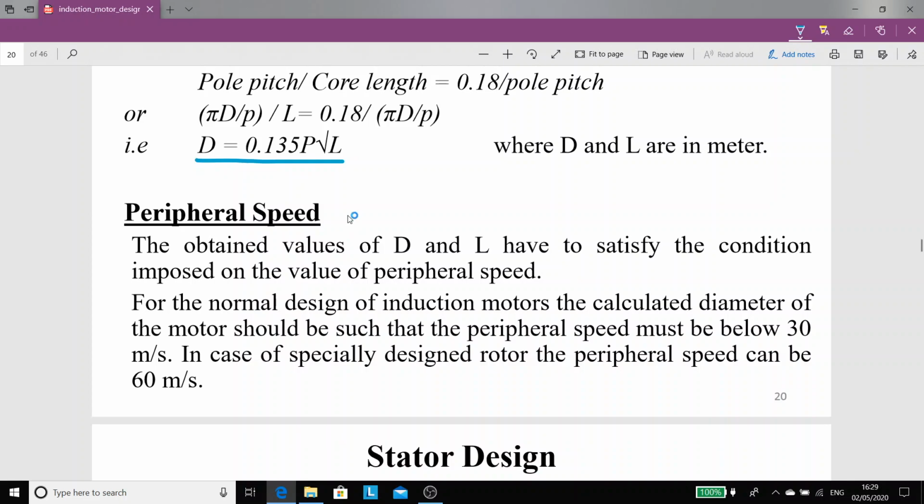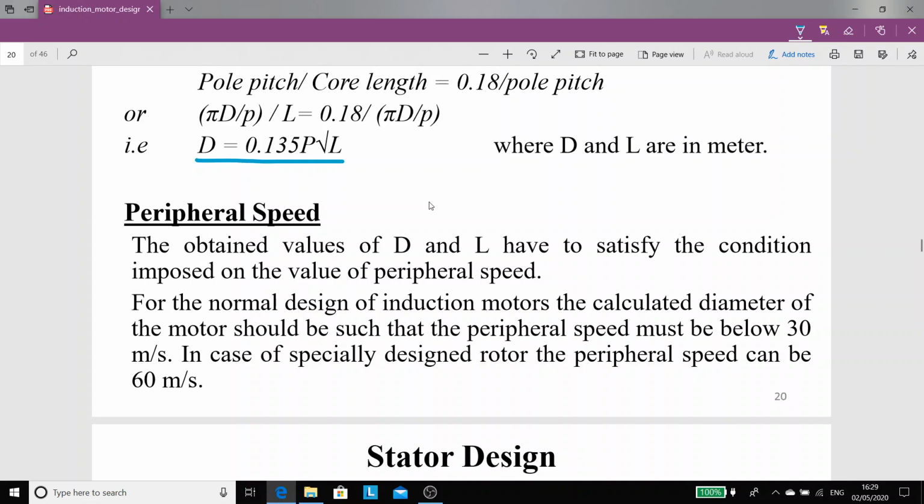So let us revise it, and for your practice, try to calculate the main dimensions of an induction motor for any two specifications. So that is your homework. You take an example of anyone. Suppose you may take, say, a 3 phase, 440 volt, 50 hertz, 4 pole, 10 horsepower induction motor we want to design, and for that motor, what should be the main dimensions.